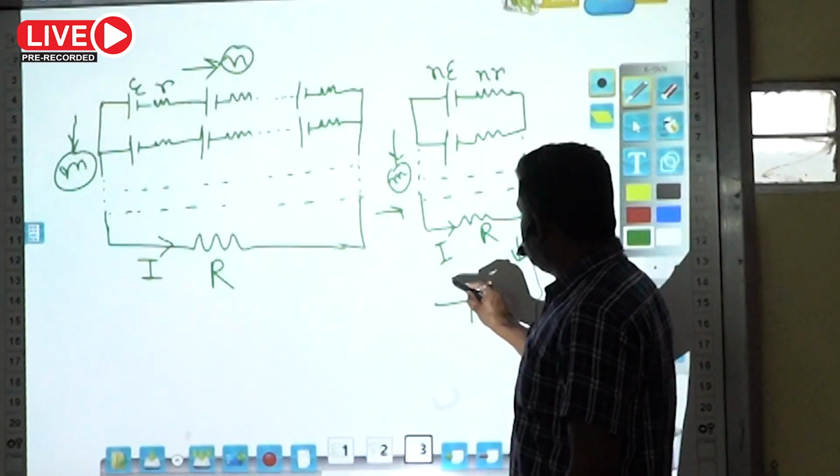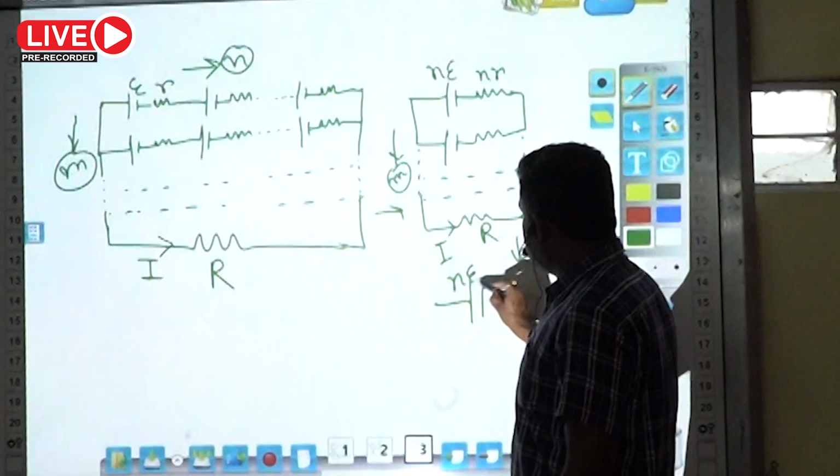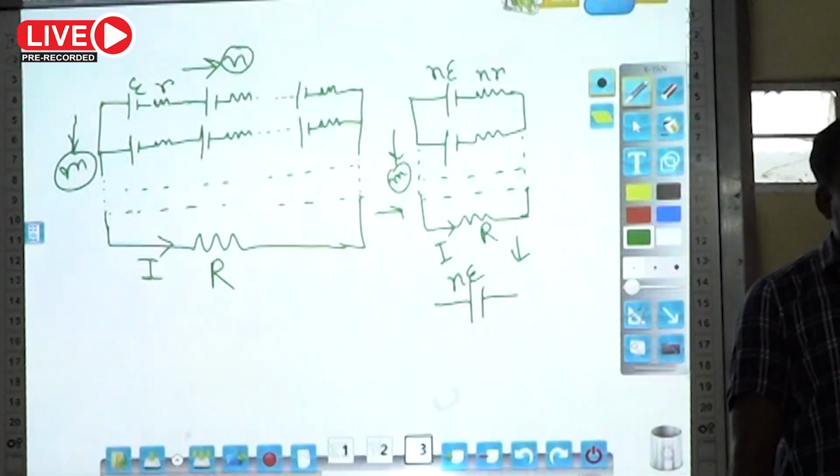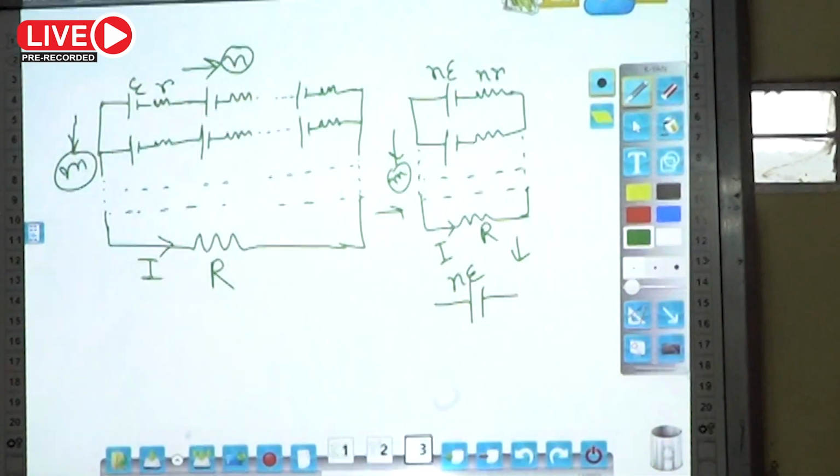The entire EMF will remain the same, nE, but the internal resistances will vary. nr is the value of each internal resistance in the second circuit, and how many such resistances are connected in parallel? M numbers. So it will be nr by M, because if there are 4 resistances R connected in parallel, their equivalent will be R by 4.